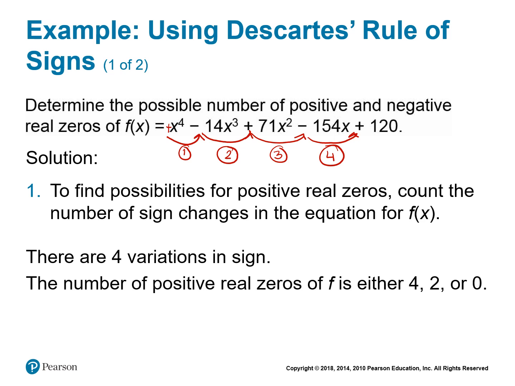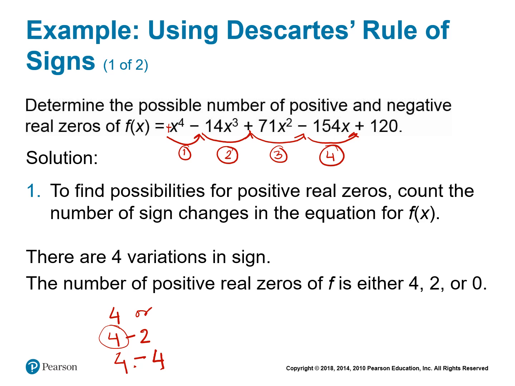It could be either 4, the number of variations in sign, or it could be an even decrease from 4. So in other words, 4 or 4 minus 2 or 4 minus 4. All right, so you decrease the number of variations by an even value.